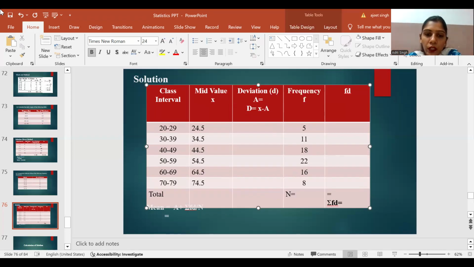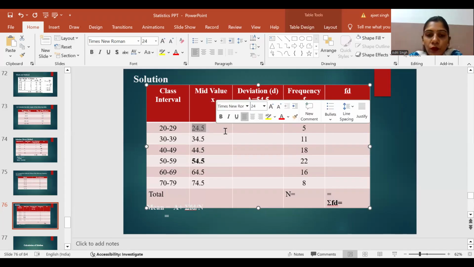according to your choice. For this we will take the assumed mean as 54.5. So what we have to do is subtract 54.5 from the value of x.